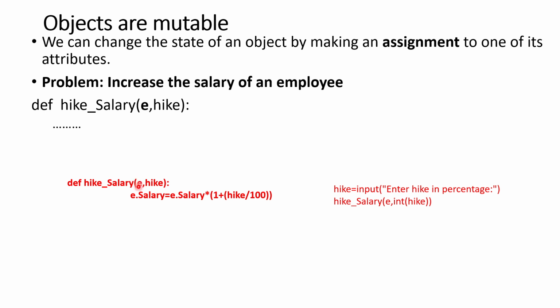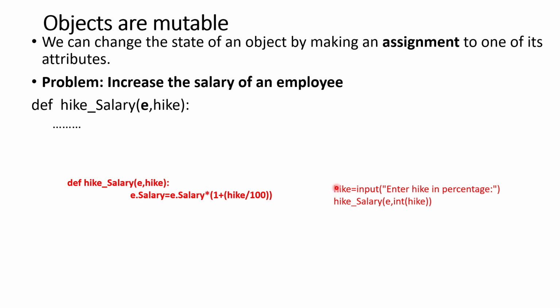One is that object E, the other one is how much hike I have to give. So salary is recomputed: E dot salary equals E dot salary into 1 plus hike by 100, because that is a percentage. This is how the function hike_salary is called. That E is that object. I assume that you created it already, and hike is read from the keyboard. By default that is in the form of a string. You have to convert that into an integer.